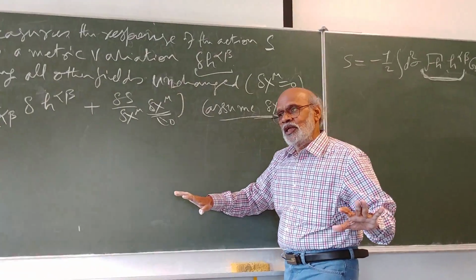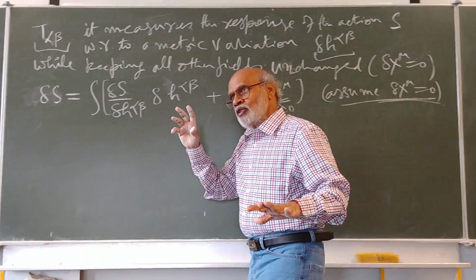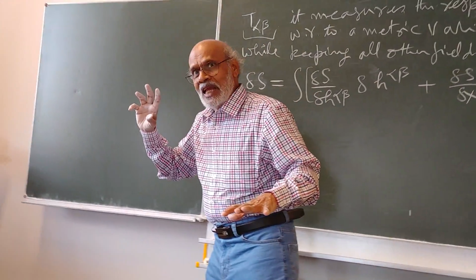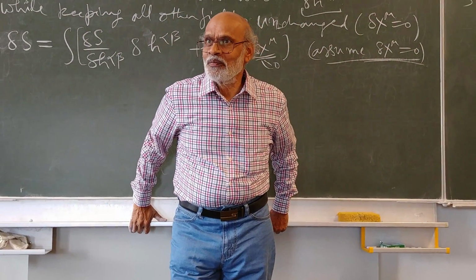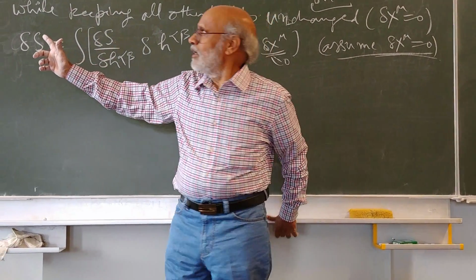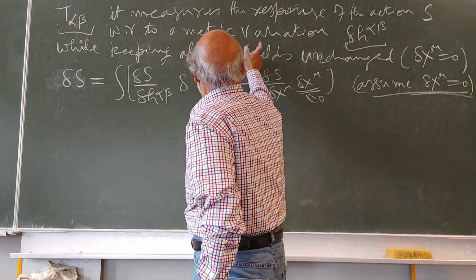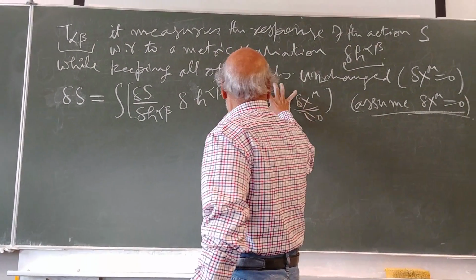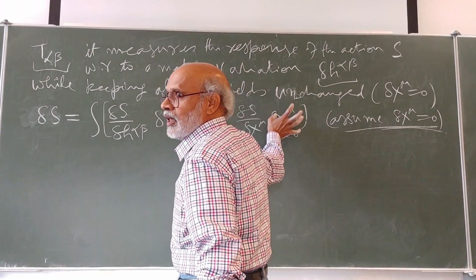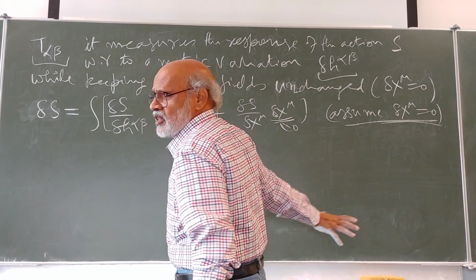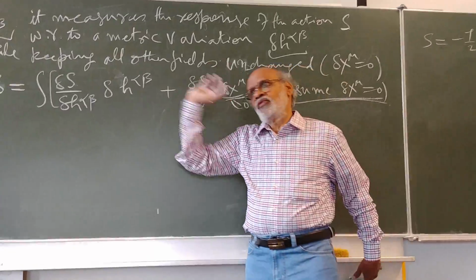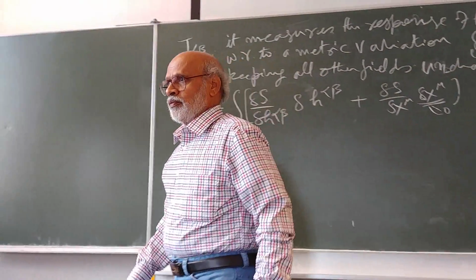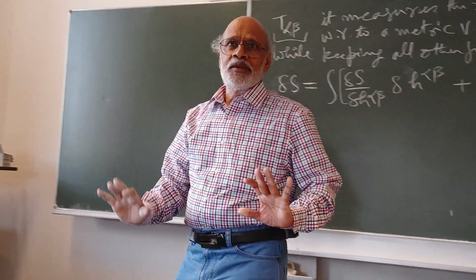So it is slightly different than what we do in our conventional field theory, because here we are defining it just like that. We are assuming this to be 0, and if I have more fields, the variations of all of them we assume to be 0. That's our definition.